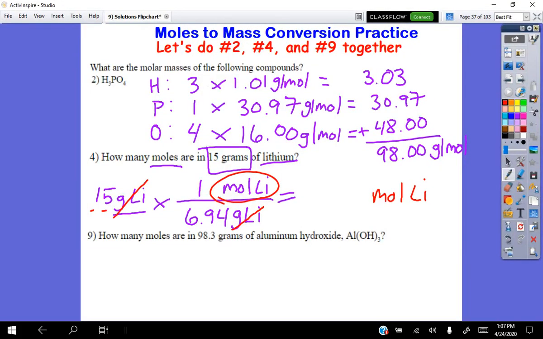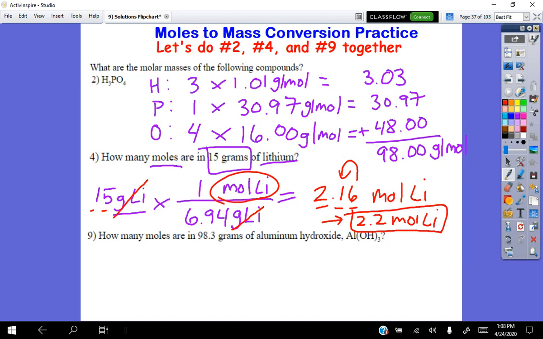Now, 2.16 would be 3 significant figures, so I would have to round this to a 2. My final answer would be 2.2 moles of lithium, and that would account for my significant figures.